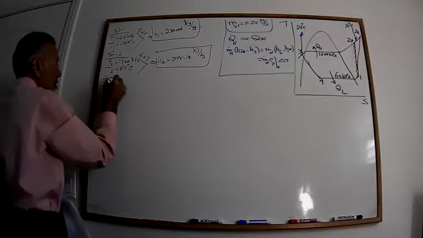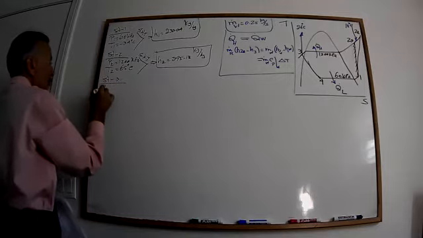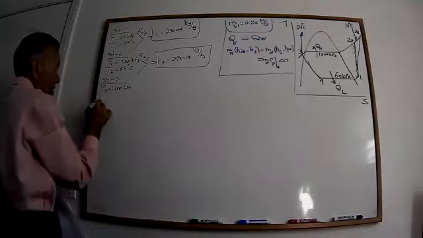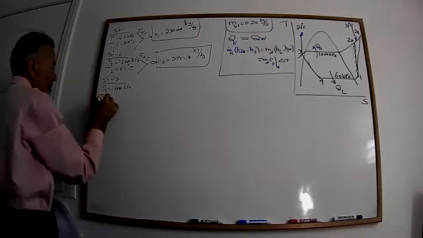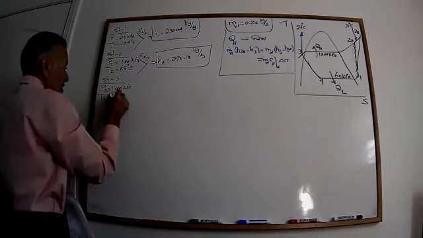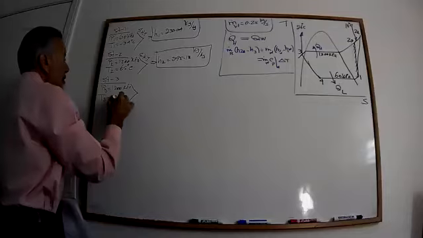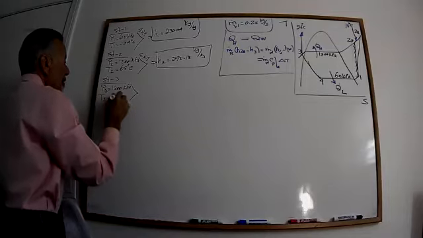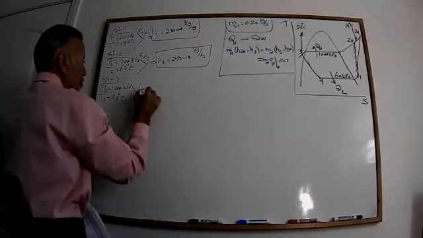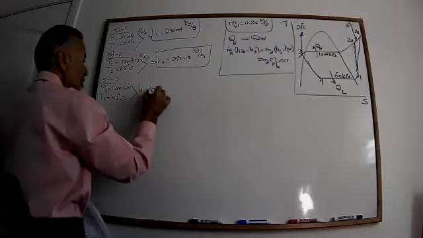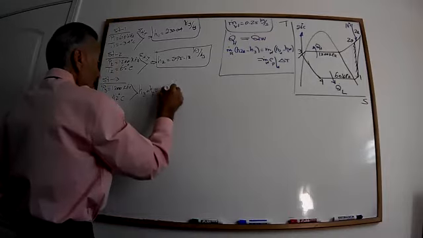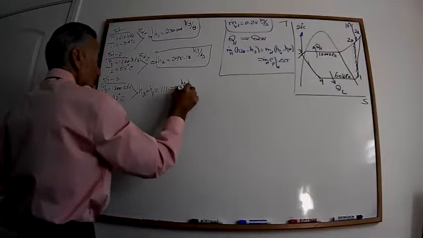At state 3, we have P3 equal to 1200 kilopascal, and also we have a temperature at point 3 to be 42 degrees Celsius. From saturated liquid table, we find H3, which is H of F in that table, and that will give us 111.25 kilojoule per kilogram.